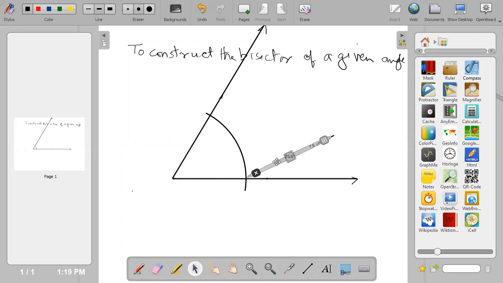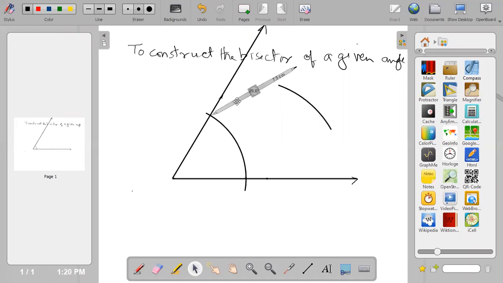You can change the length, but once you change it, now you cannot change the length. Now you have to draw one arc here, like this.